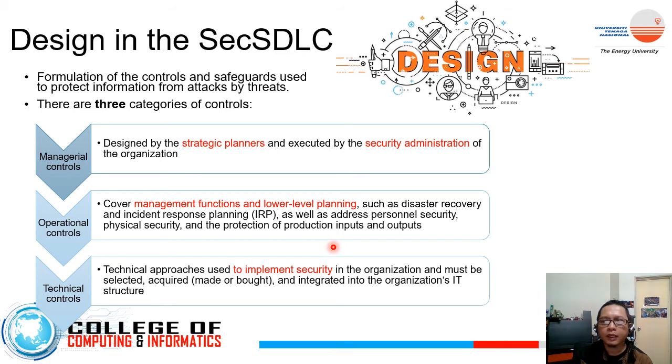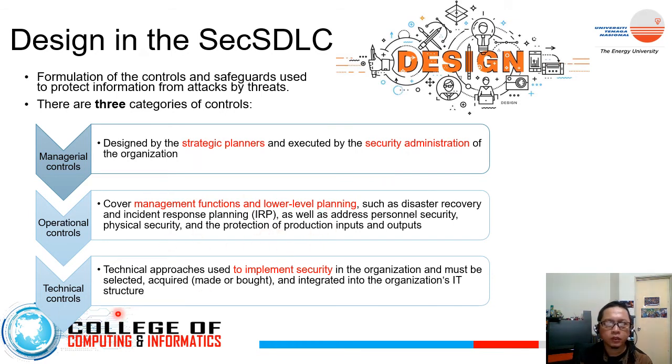So who will actually monitor the attendance system, who will actually be using the attendance system? And then also, let's say a certain data is lost. So you need to have some disaster recovery and incident response planning, as well as personnel security, physical security, and the protection of production inputs and outputs. So these are examples of operational control, meaning for the running of the things that you have planned, who will actually monitor or who will actually use it. So you have a plan, you have the managers, and these are actually the implementers.